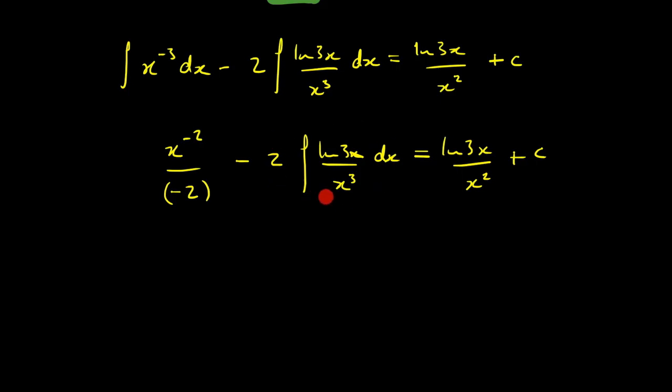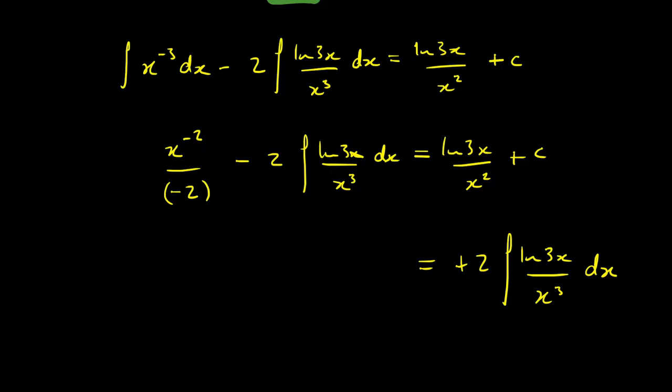And in order to do that, I'll imagine I kind of move this to the right-hand side. Okay, so if I move it to the right-hand side, I will get plus 2, the integral of ln 3x upon x cubed dx. Okay, I'm going to move this guy here to the left-hand side.